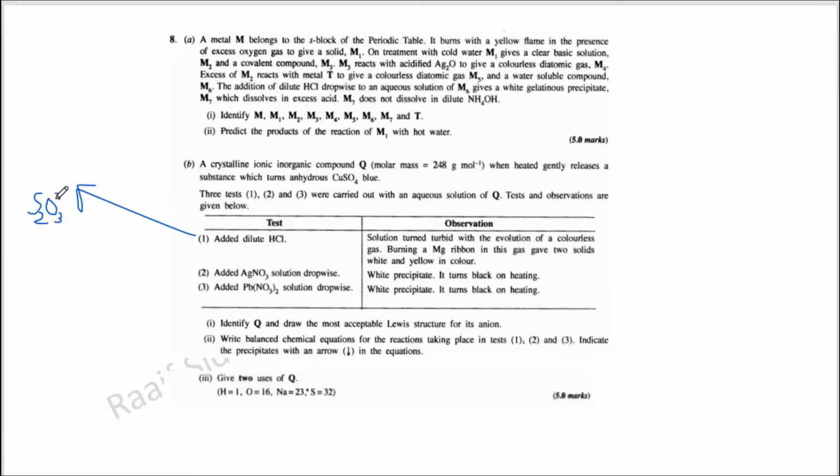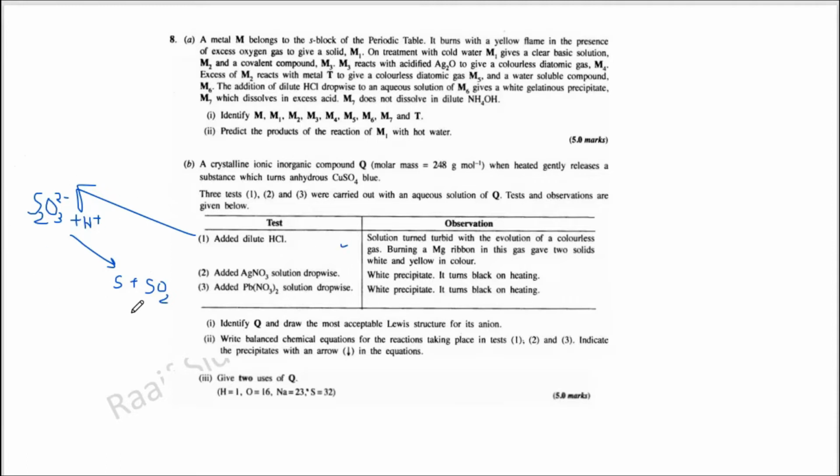So if you remember thiosulfate, when you react it with H+, HCl, or any other dilute acid, this gives sulfur and SO2 gas. So they are talking about this thiosulfate here.